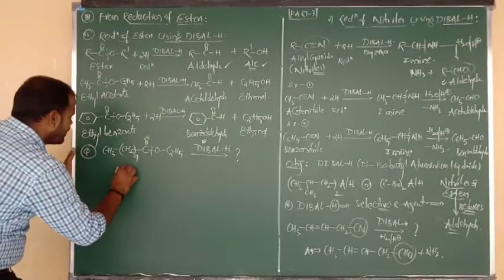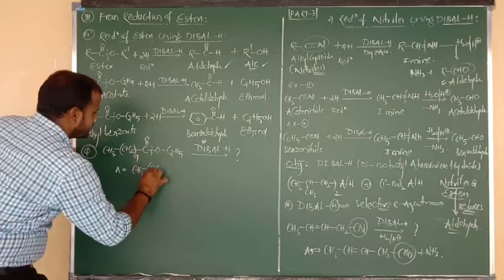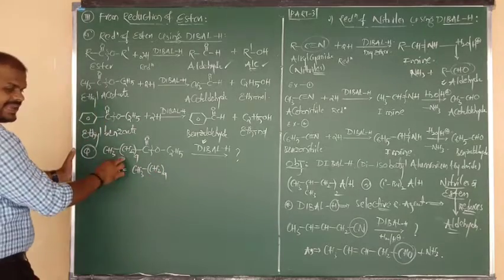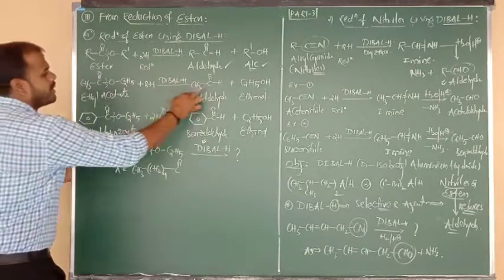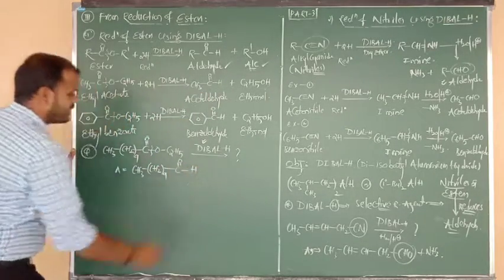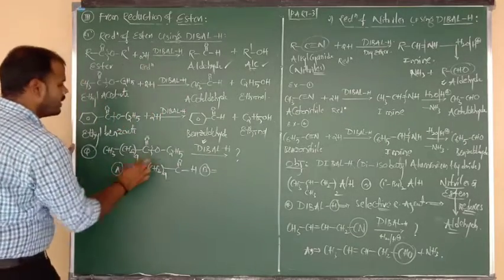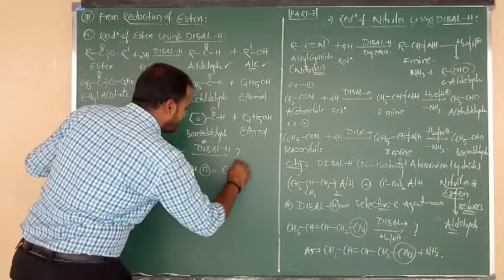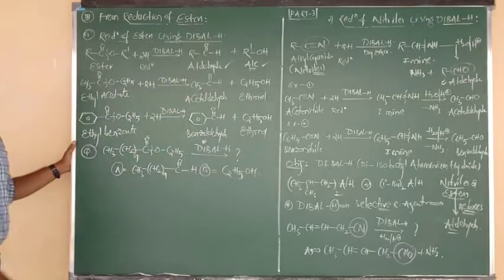So what is the answer? First answer A: CH3 bonded to CH2, CH2 taken 9 times as it is, connected to C double bond O, which is attacked by H because of reduction. And the other product is B: C2H5O minus undergoes reduction and changes into C2H5OH. B is common in all cases.